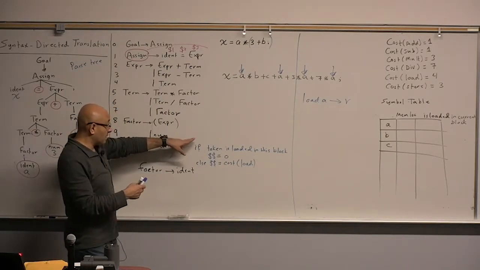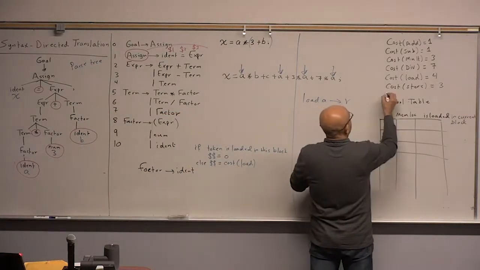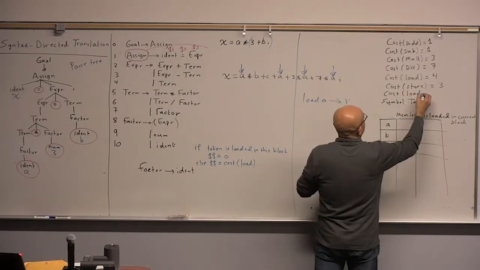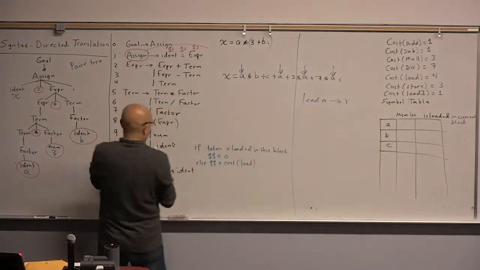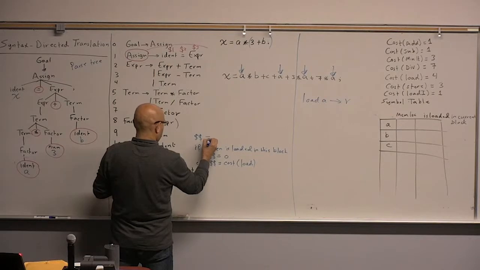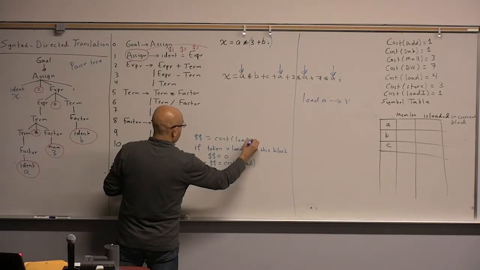Usually the compiler does a load immediate for a number. So the cost of load immediate is, say, 1. So here we'll say that $$ equals the cost of load immediate.